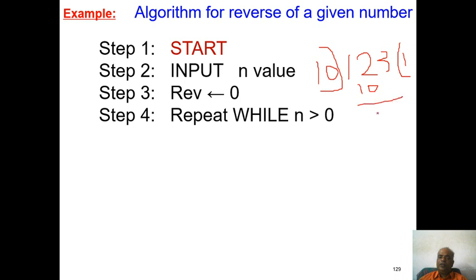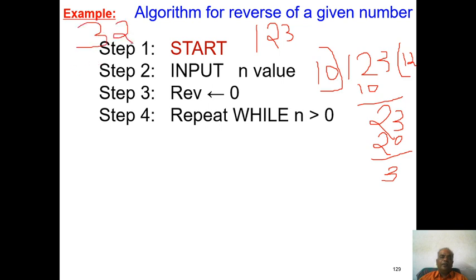So again 23, and next 10 twos are 20. So the remaining digit is 3. So our actual number is 123. After making the reverse, what number will come? 3, 2, 1. So here this 3 we already got.